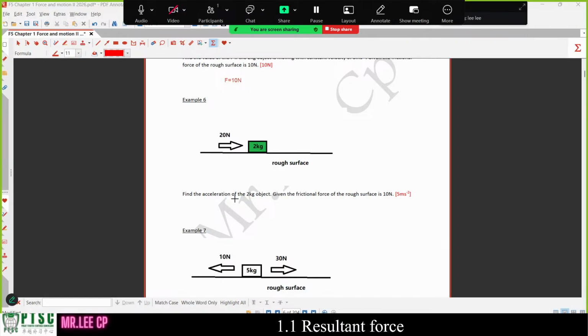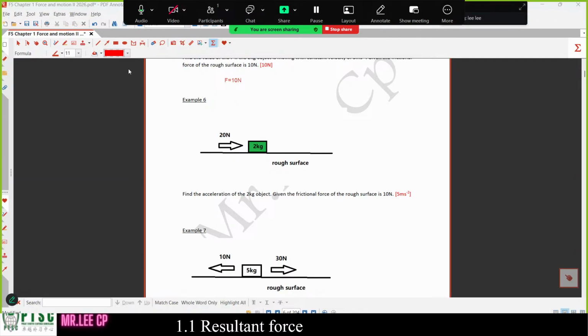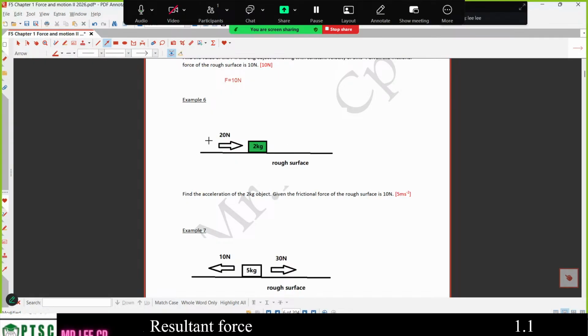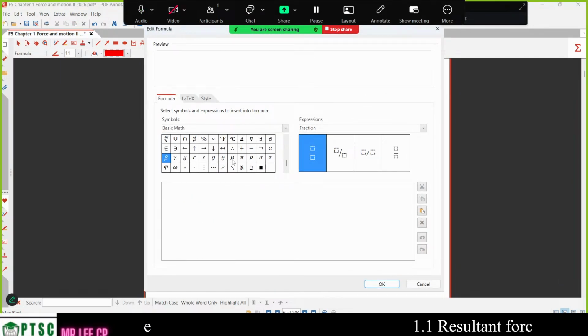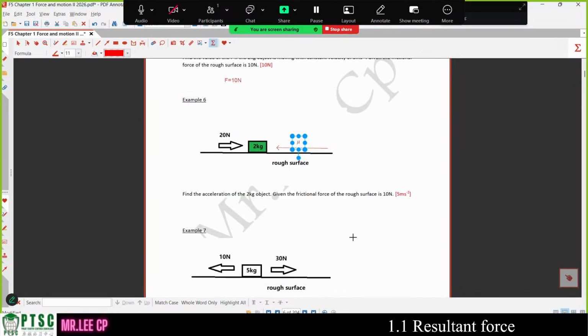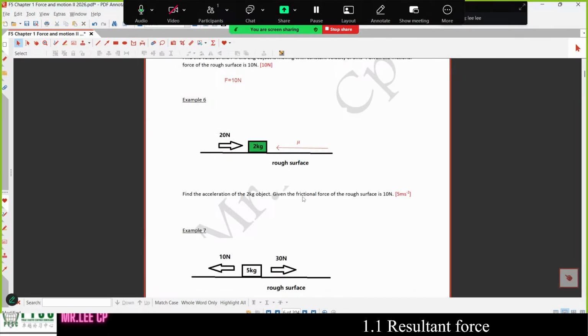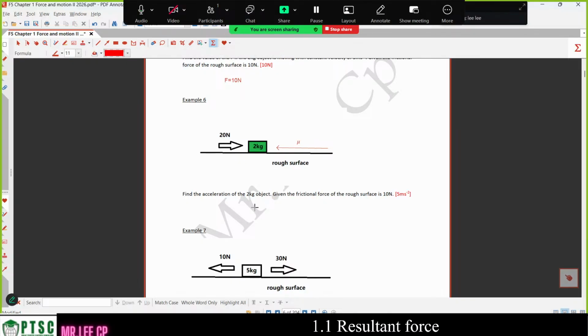Now, find the acceleration of the 2 kg object given the frictional force is 10. I am going to label the frictional force as 10. You see, a force of 20 Newton is applied in this direction, so this one will be my frictional force. They said the frictional force is 10. So now F is equal to MA.